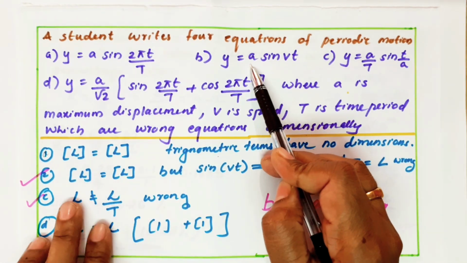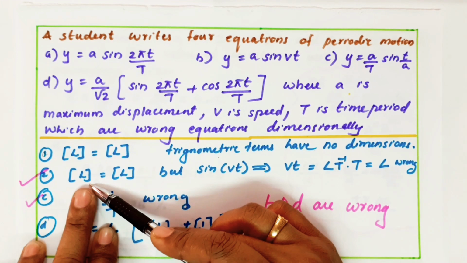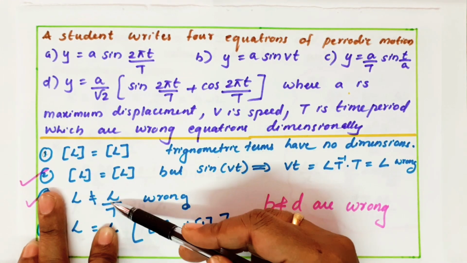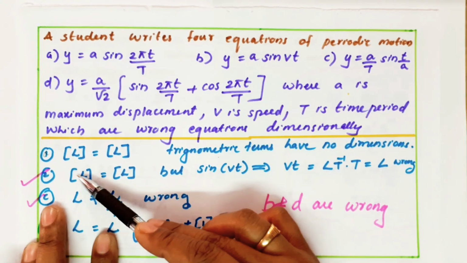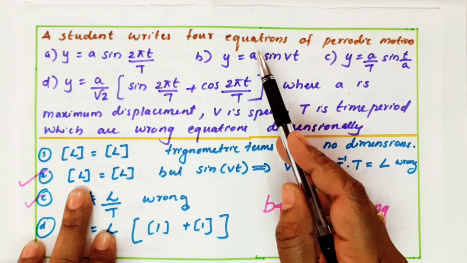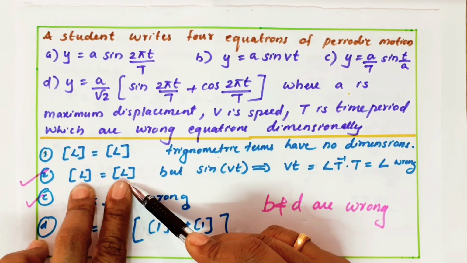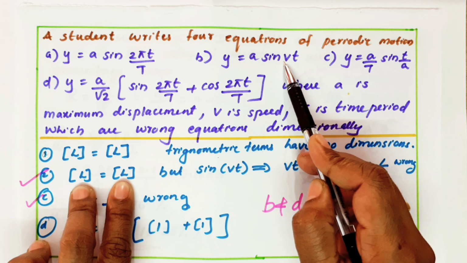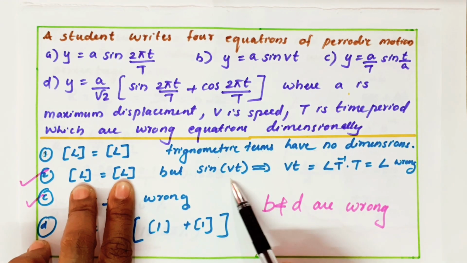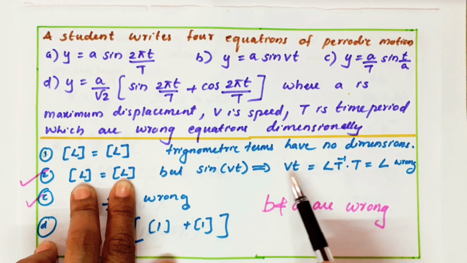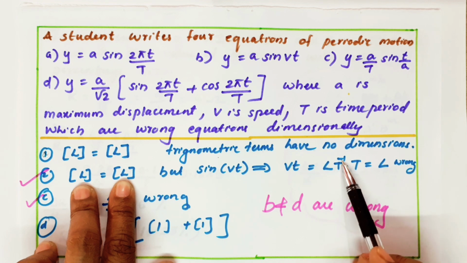Second equation, y displacement, I am writing only the dimension here. Y dimension is L. A dimension also L. Now I am checking for the trigonometry. Trigonometric term is vt. What is v? Velocity, LT^-1.